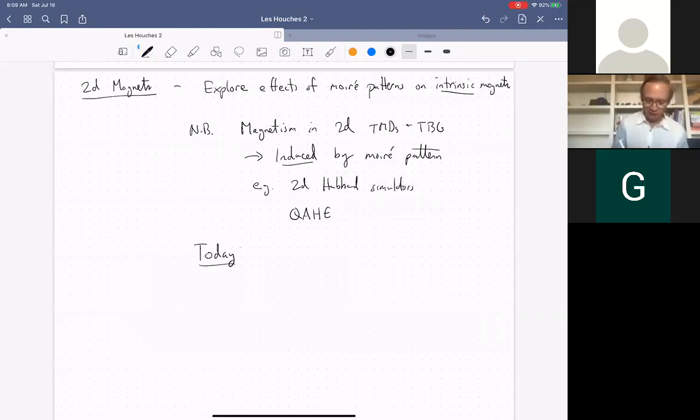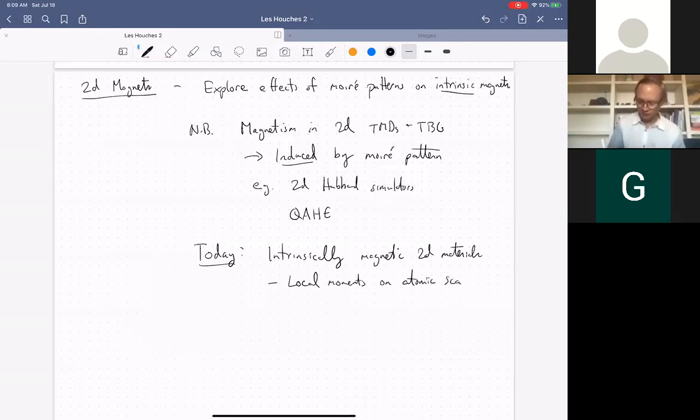of 2D materials, which are just different materials from graphene and these semiconducting TMDs, which are intrinsically magnetic 2D materials. That means that they actually have really local moments on the atomic scale, not the Moire scale.